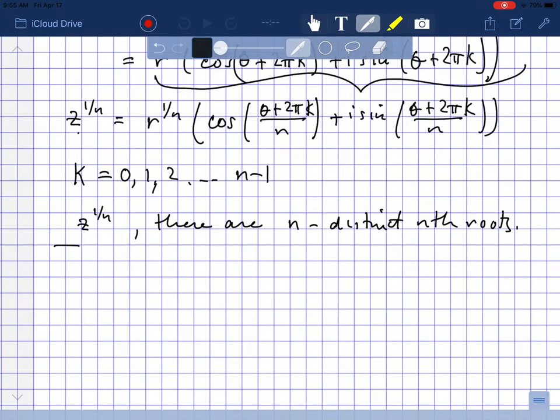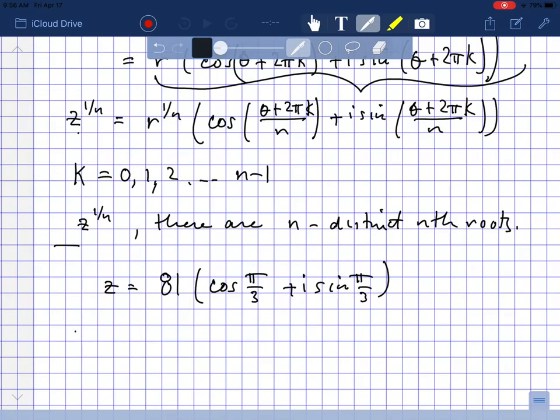Okay, so let's look at an example of this. Let's see what we can do with the following. We'll take z equal to 81 times the cosine of pi over 3 plus I times the sine of pi over 3.